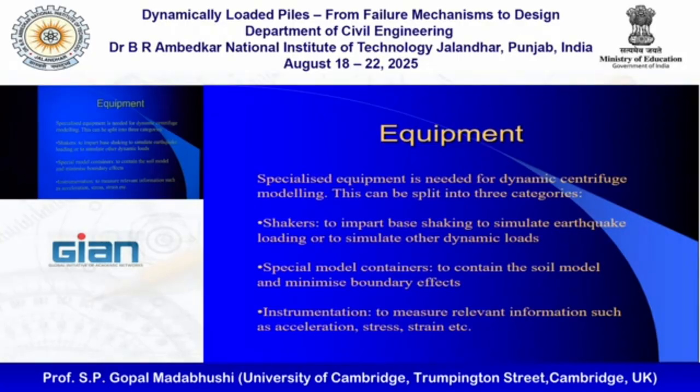So if I'm at 50 G, the force will be 50 tons and in the radial direction. And if I want to apply something like a 0.25 G earthquake on it, I need to hit that with 25 tons in the lateral direction to model 0.25 G, which means that my shaker needs to be able to produce big force. And also it has to do it quickly, which means the power requirement is quite high.